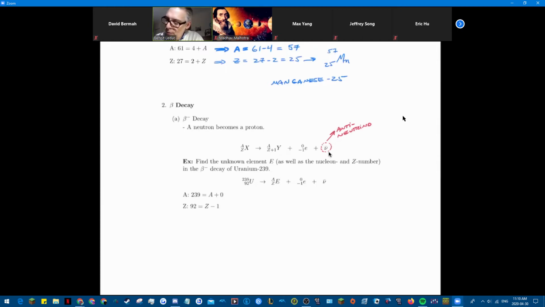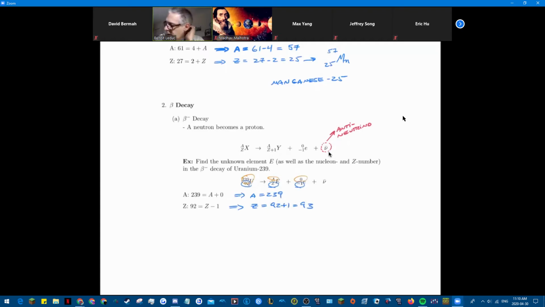Conservation of charge and conservation of nucleon number: you have 239 on one side, 239 equals A plus 0, so A is equal to 239. And the Z number: 92 is equal to Z minus 1, and therefore Z is equal to 92 plus 1, which is 93.